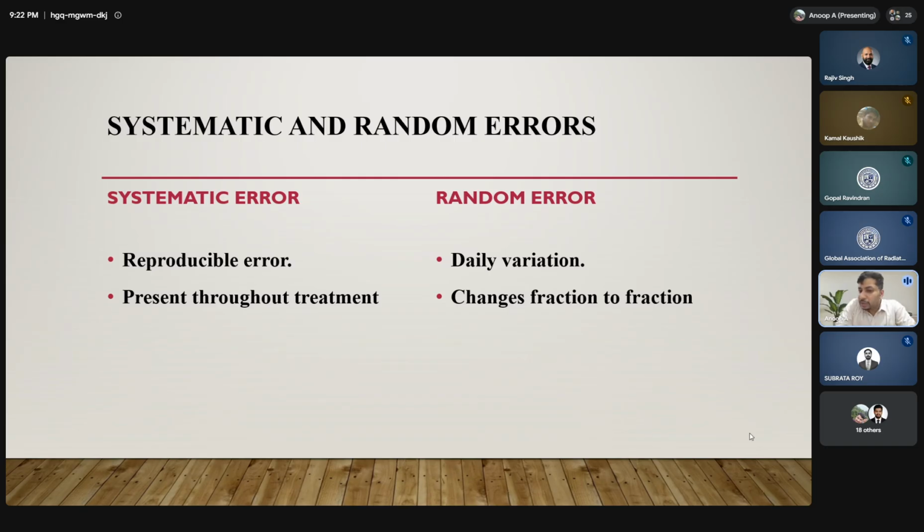I will give you an example so you can easily understand. You are shooting an arrow, but the sight of your bow is slightly misaligned, 2 inches to the left. Every single time you shoot perfectly, the arrow will still land 2 inches to the left, because the sight of the bow is misaligned by 2 inches.